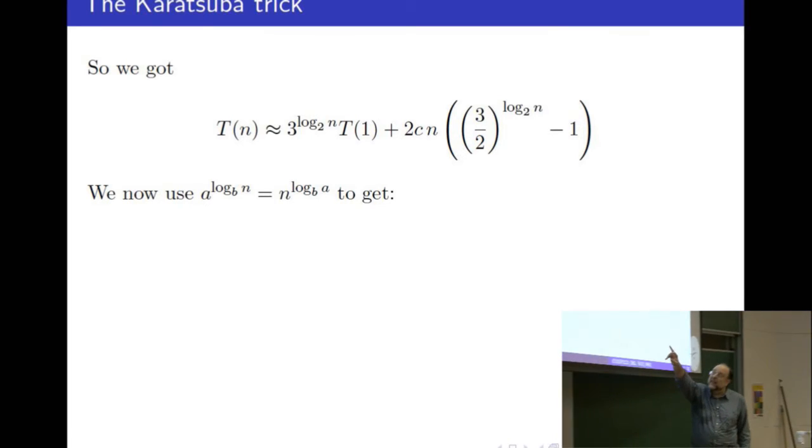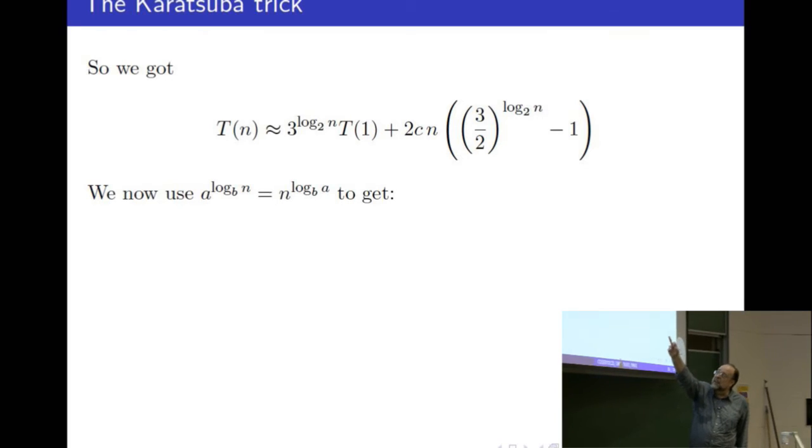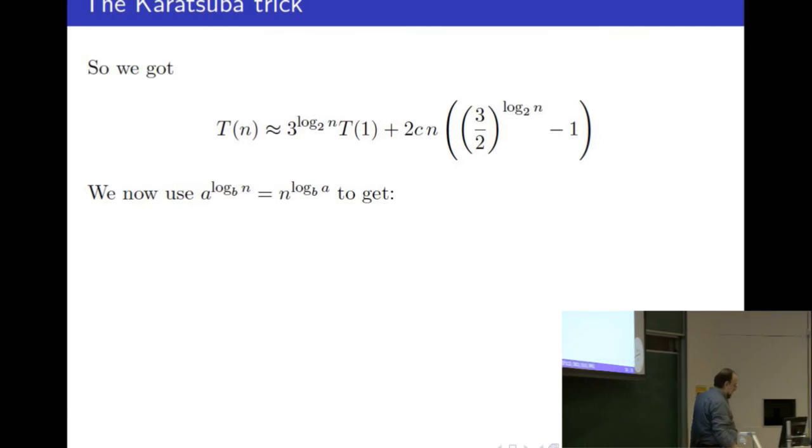So if I take log of the left side, I can pull out log b of n, and I get that log of the left side is log b of n times log b of a. On the other side, if I take a log, I first get log b of a times log n. So they are just in switched order, but the same logarithms.